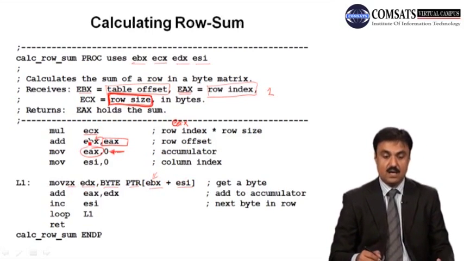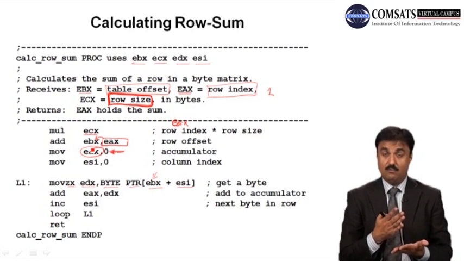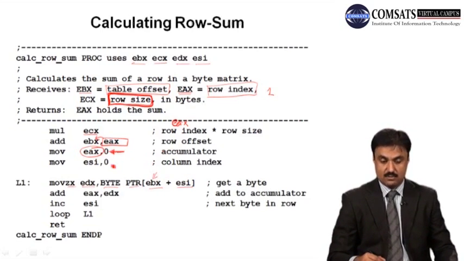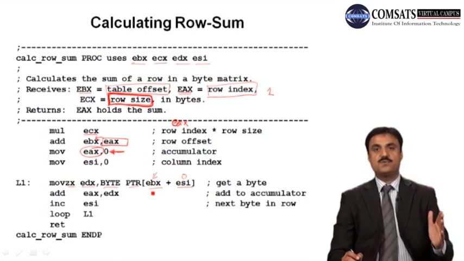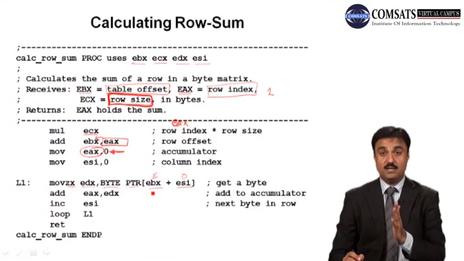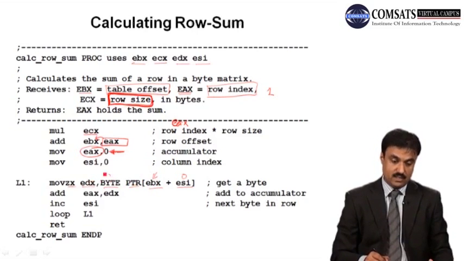EBX has the row offset, the starting address of the row whose sum we want to calculate, plus ESI, which right now is 0. So it will access that row and the first element, the element with column index 0. From that address, 1 byte will be moved to EDX.